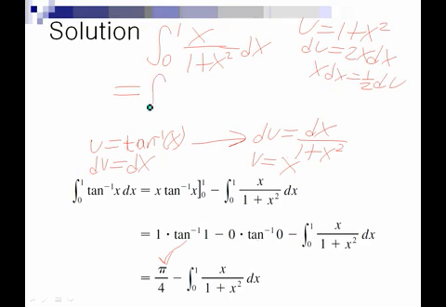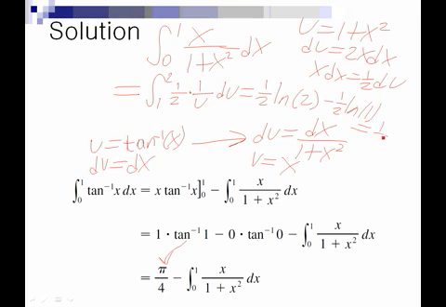So now the 0 will transform to a 1, the 1 transforms to a 2, and you get 1/2 times the integral of 1 over u du, which will turn into 1/2 natural logarithm of 2 minus 1/2 natural logarithm of 1, which is just 1/2 natural logarithm of 2.